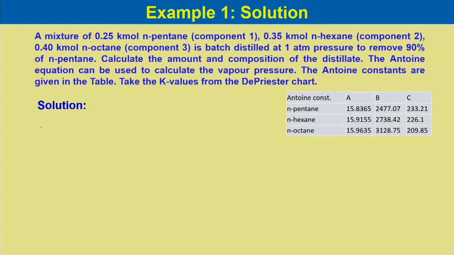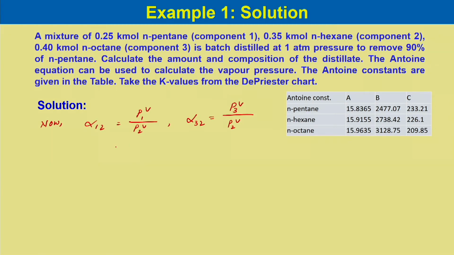Now, we can calculate the relative volatility. Alpha 12 would be P1V by P2V, alpha 32 would be P3V divided by P2V.